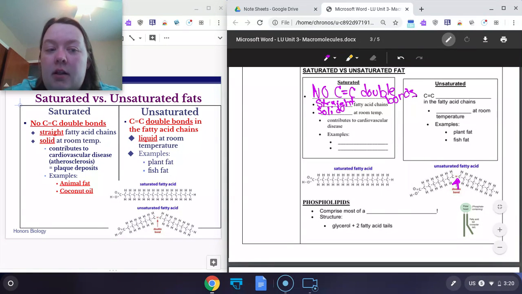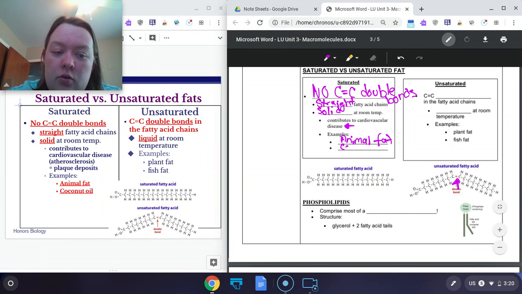These are the ones that can contribute to cardiovascular disease because these fats can clog arteries. Therefore, they are less healthy for you. Examples of these are animal fat, so fat in animals' bodies, but also fat found on steaks and meats, as well as things like coconut oil.